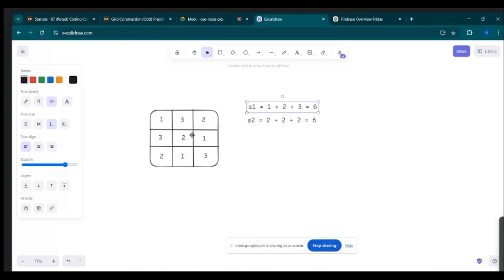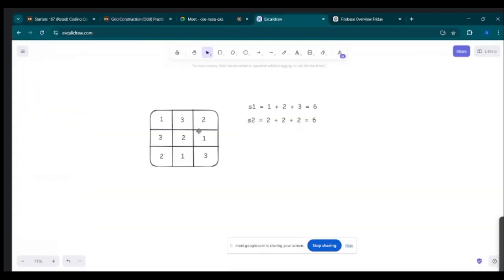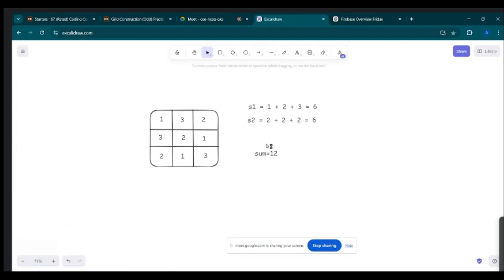Another diagonal is 2 plus 2 plus 2, which is also equal to 6, which is S2, the sum of elements in the diagonal from top right to bottom left. Every row and every column has sum equal to 6, so it is obvious that every two adjacent rows and every two adjacent columns have sum equal to 12, which is also S1 plus S2.